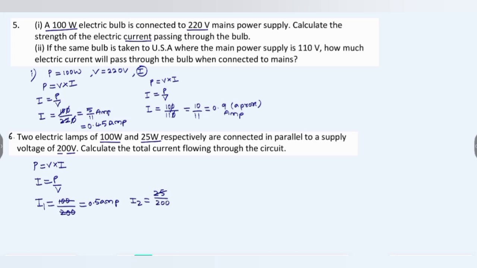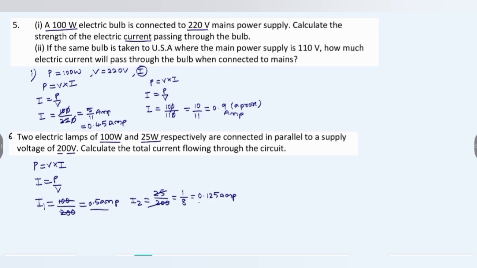So here it is 1 by 8. 25 ones are 25, 8s are... 1 by 8, which is 0.125 amperes in the second case after changing into decimal form.